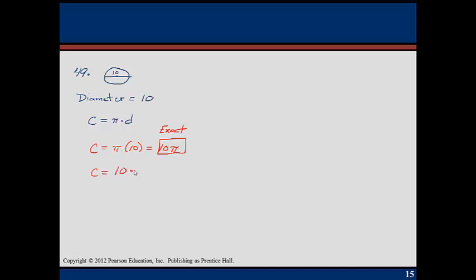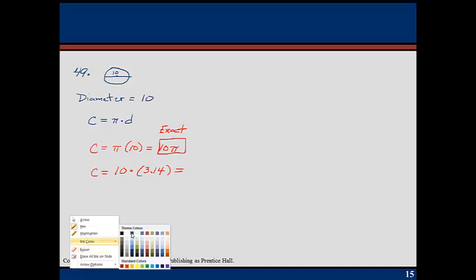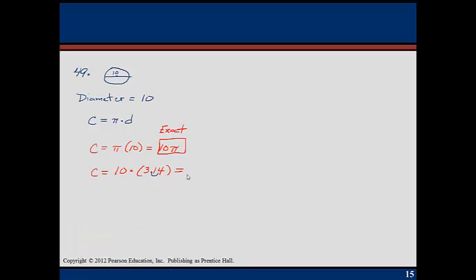So now it's 10 times 3.14. Well, remember the trick of multiplying by powers of 10. There's one 0 in 10, so we're going to move the decimal one place to the right. And this is going to become 31.4. So the approximate answer is 31.4, and the exact answer is 10 pi.